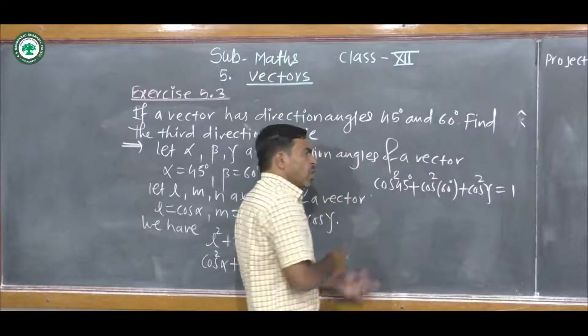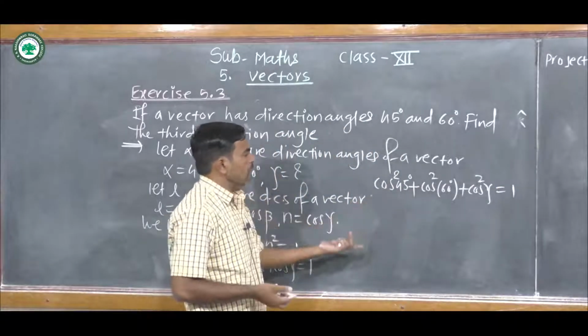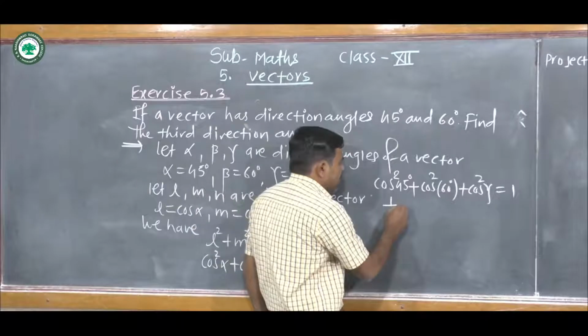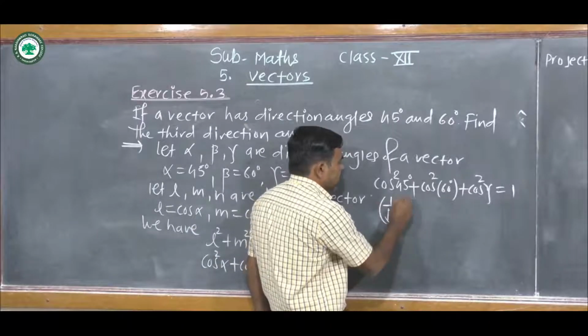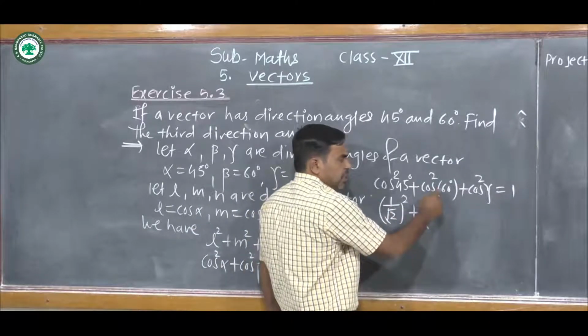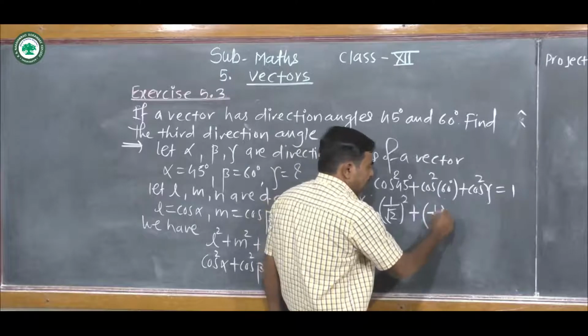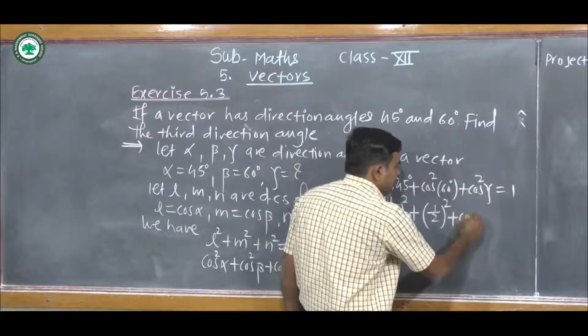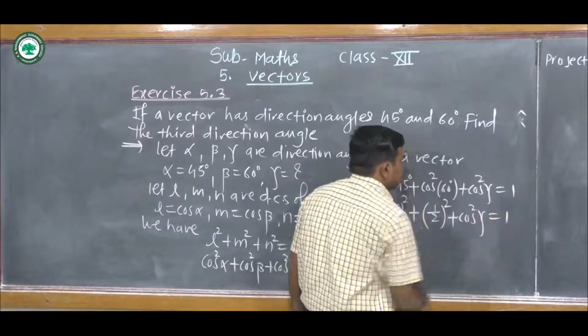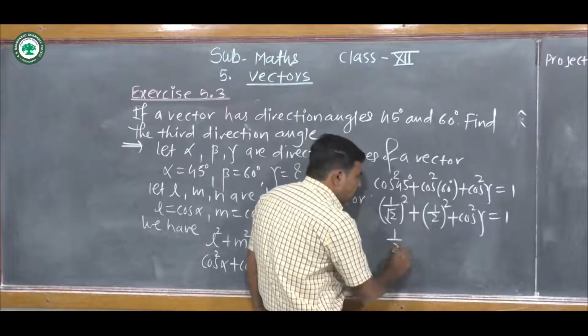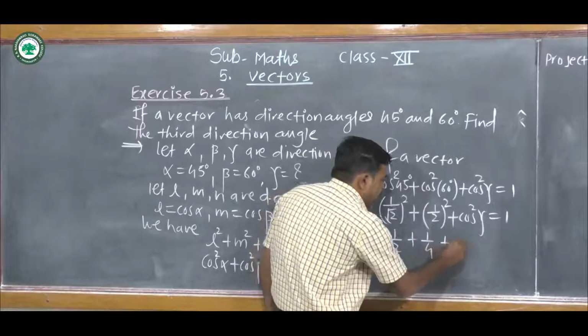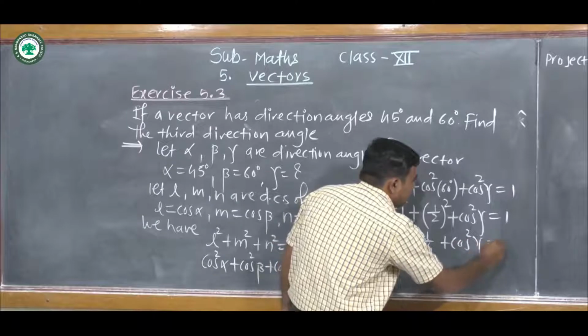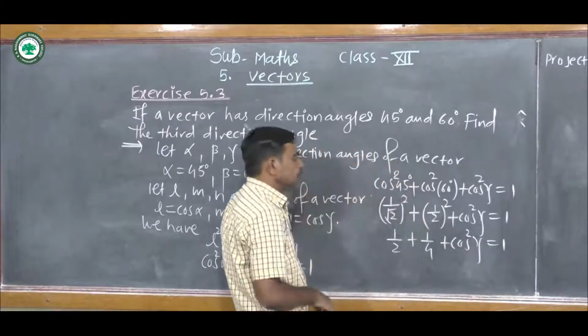We know that cos of 45 degree is 1 upon root 2, so (1 upon root 2) square, plus cos of 60 degree is 1 by 2, so (1 by 2) square, plus cos square of gamma is equal to 1. So it is 1 by 2 plus 1 by 4 plus cos square of gamma is equal to 1.